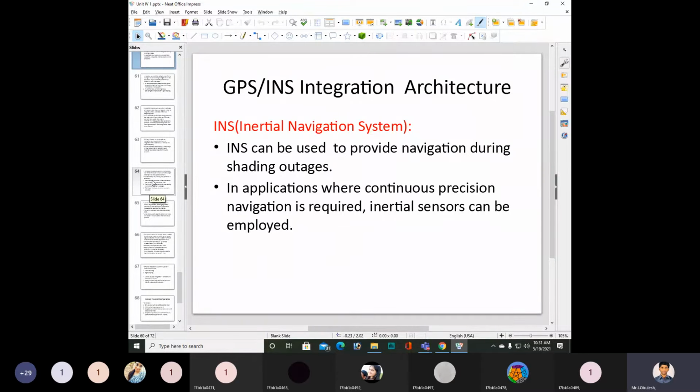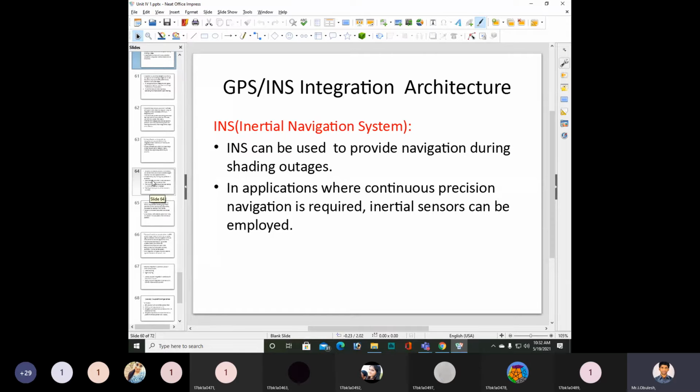INS can be used to provide navigation during GPS shading outages.